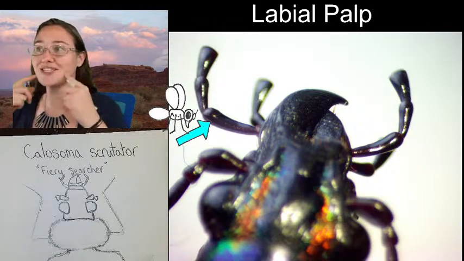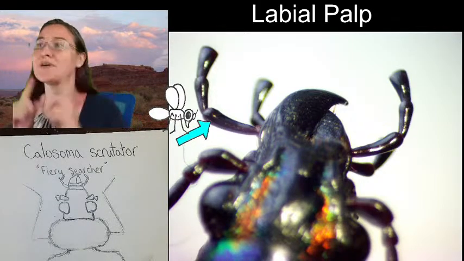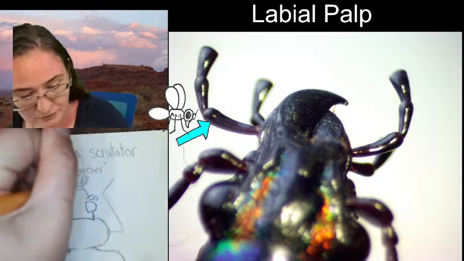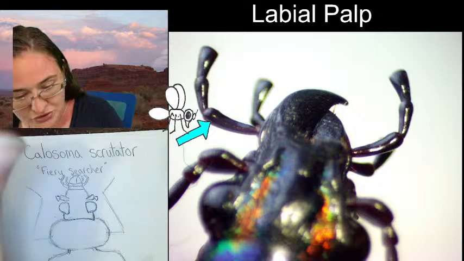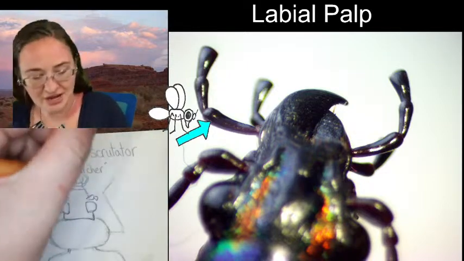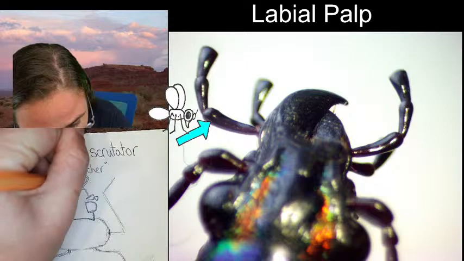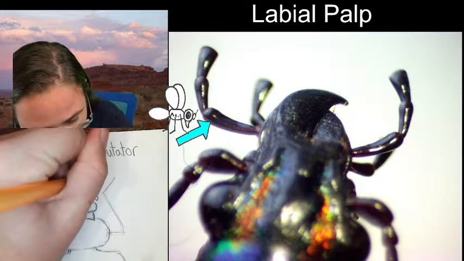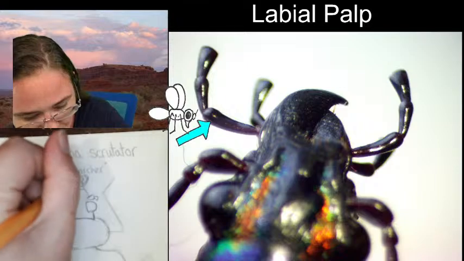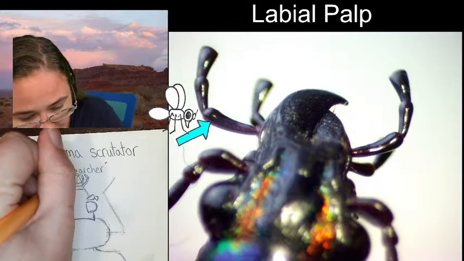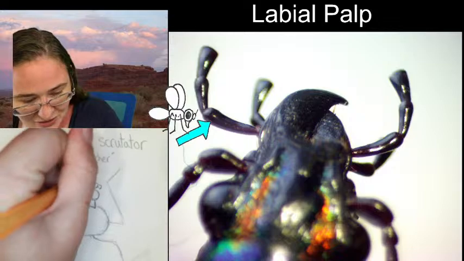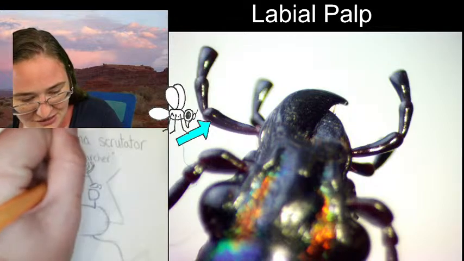They're connected not to the labrum on the top, but to the labium on the bottom. So I went in and gave myself 2 more little segments. They're not going to be super easy to see from this distance, but I'll go back after our sketch time, and sometimes I will go over it with pen. And I really like how some of these sketches turn out when I finalize them with pen.